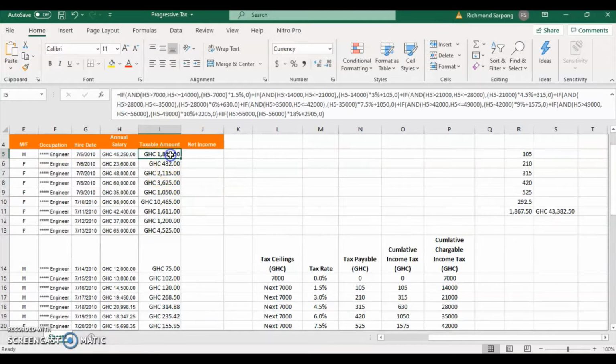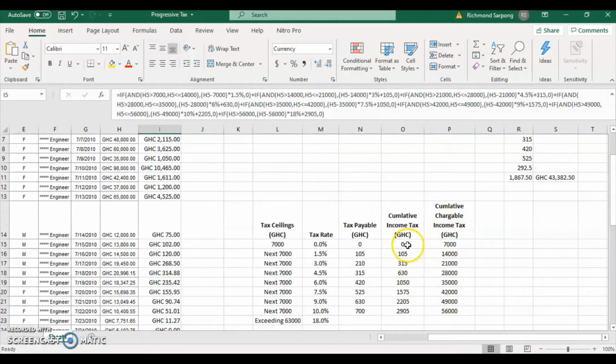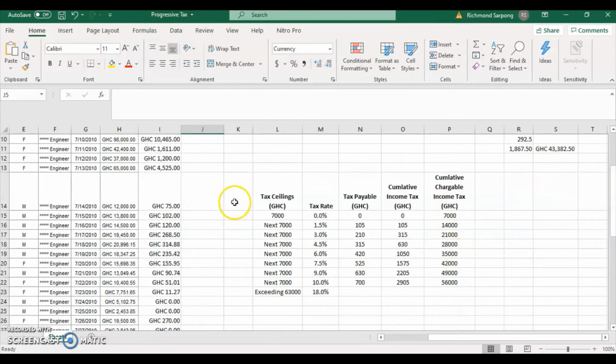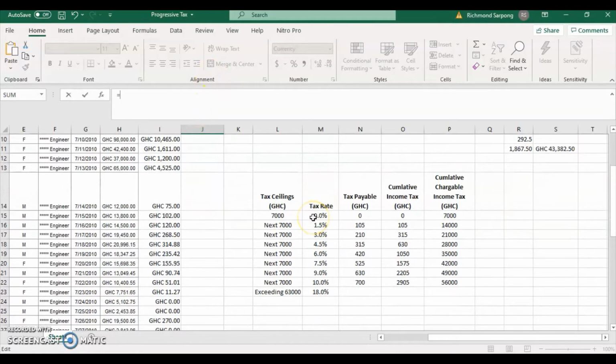But over here, you could see that we required this AND plus the cumulative income taxes, which we added in different thresholds. Over here, we would require this and that and this interest rate. So I'll come in here and type the equal sign. We'll see.